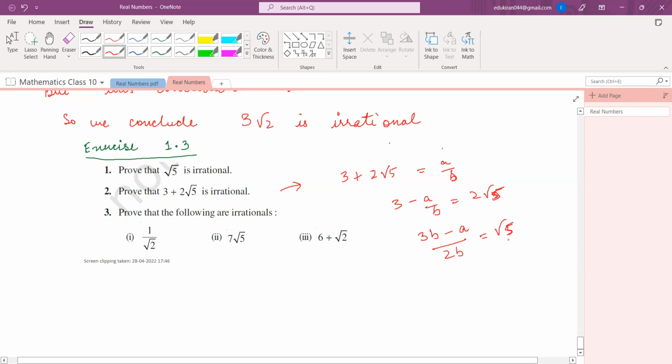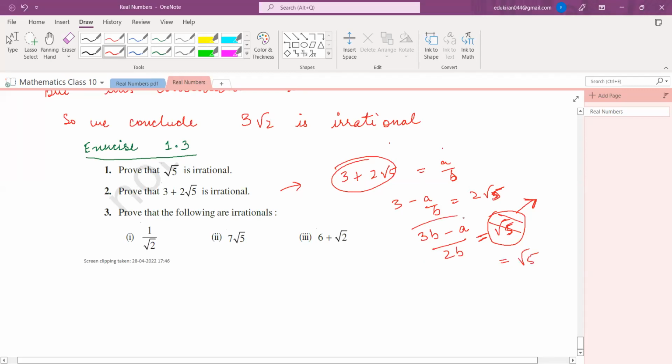So this is your LHS, this is your RHS. In the beginning you will assume 3 plus 2 root 5 to be rational. Sorry, not this. I'm sorry. You will assume this to be rational, not this. This will be root 5.